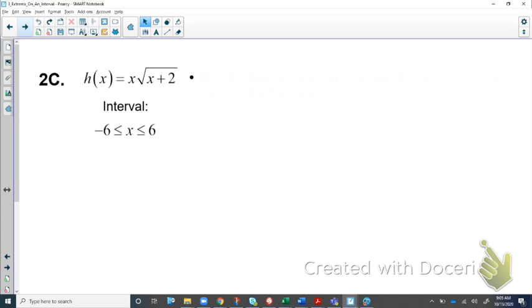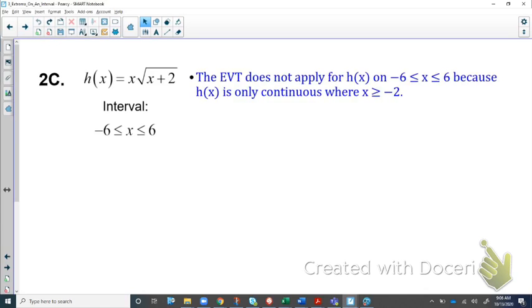So looking at the radicand, setting it to be greater than or equal to 0, that shows you that the domain is going to be all numbers that are greater than or equal to -2. So anything that's greater than or equal to -2 will produce a positive value that we take the square root of. But that -6 is definitely not going to be part of that domain. So in this case, the theorem is not going to apply because the function is only going to be continuous where x is greater than or equal to -2.